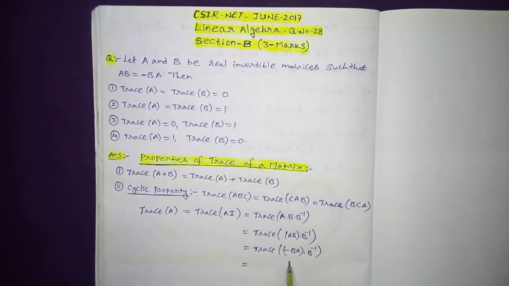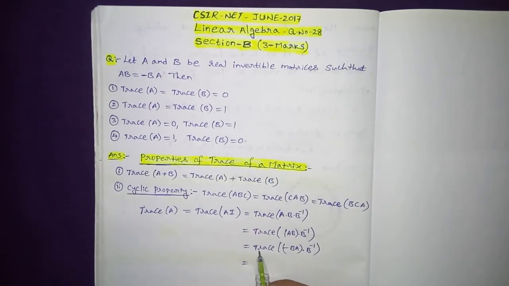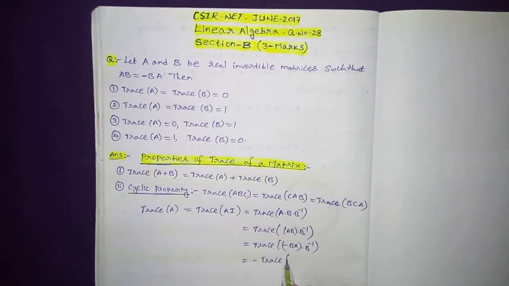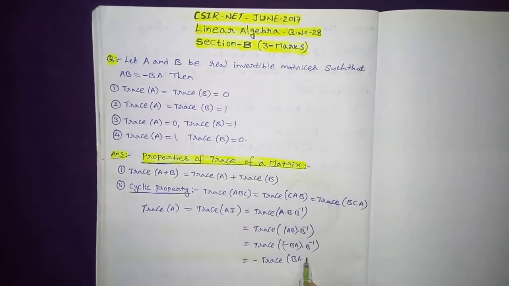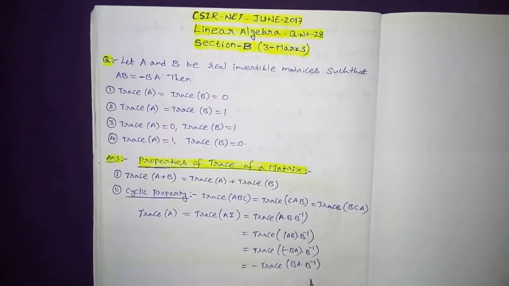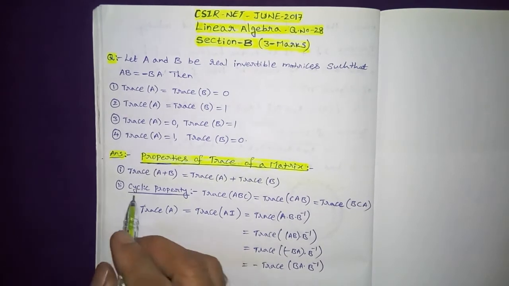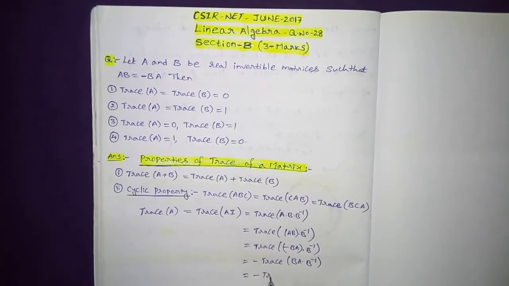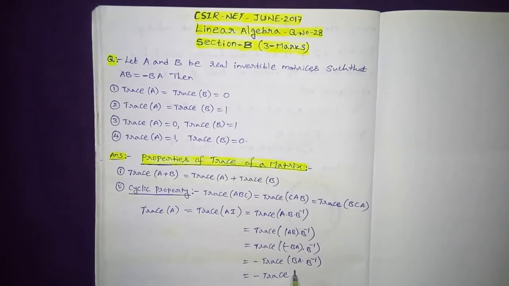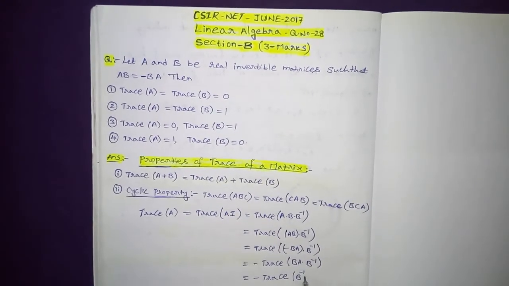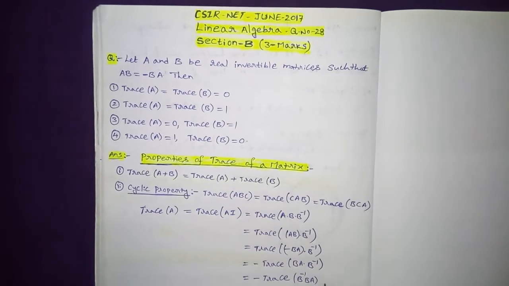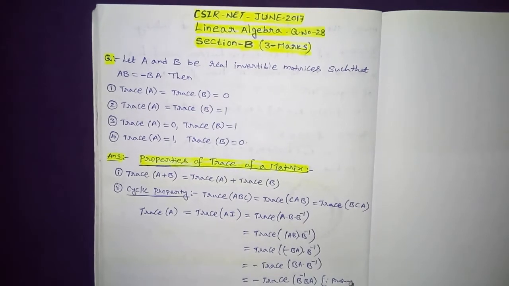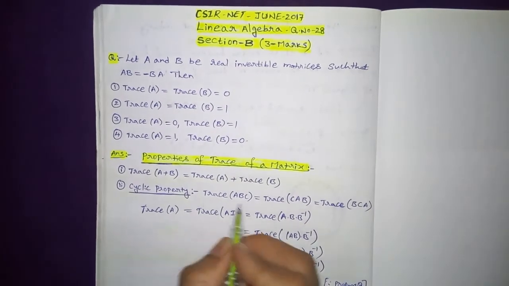Okay, so now taking minus out of the trace, we get minus trace of BA into B inverse. Now by using the cyclic property of trace, we write minus trace of B inverse BA. This is by using property 2, that is the cyclic property of trace.